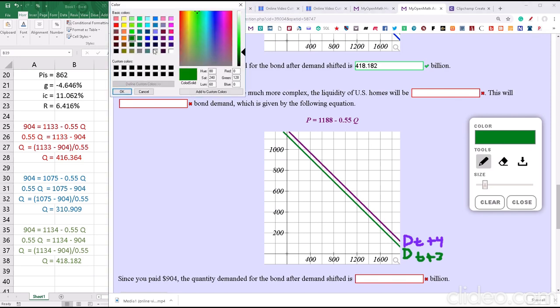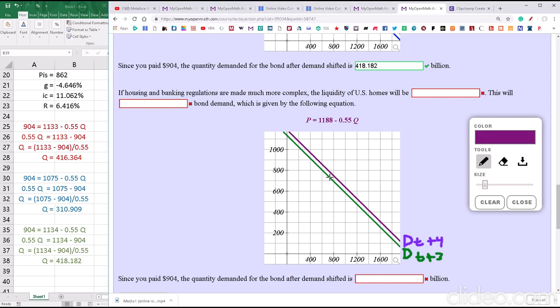Let me change this back to purple. So bond demand will increase, right? Bond demand increases from green to purple, right? And if we hold the price constant at 904, then quantity demanded is going to increase if we hold price constant, right?